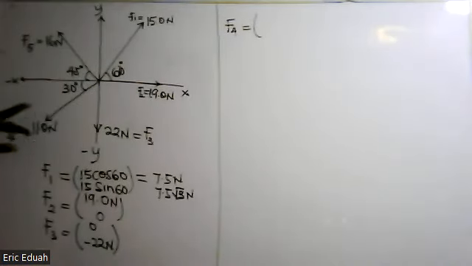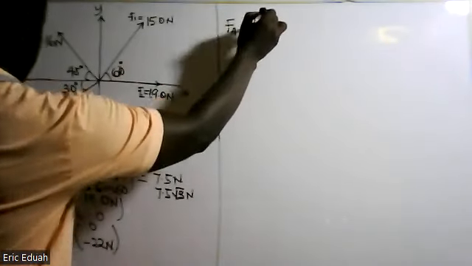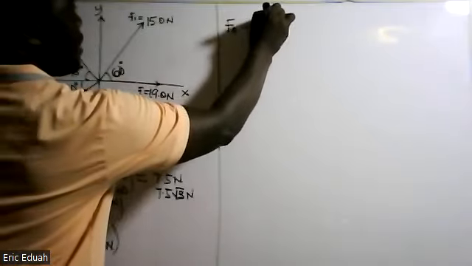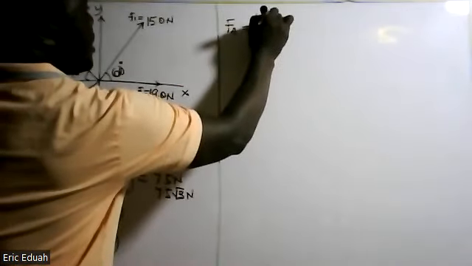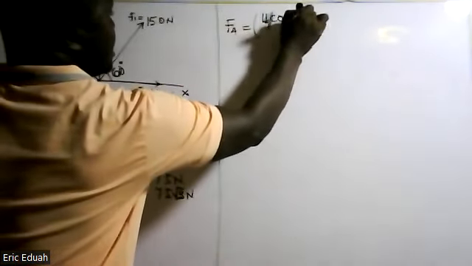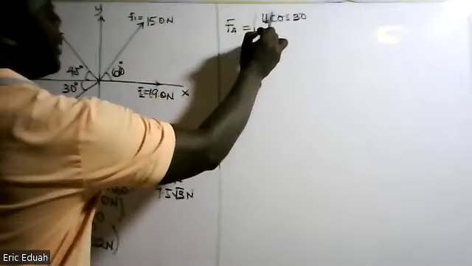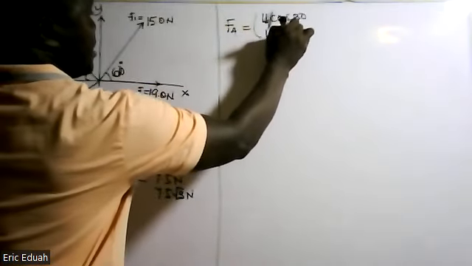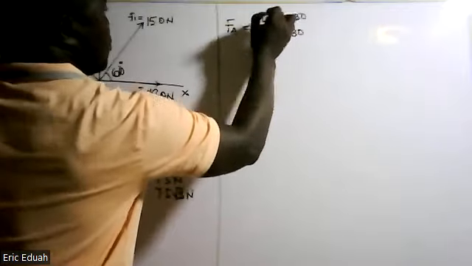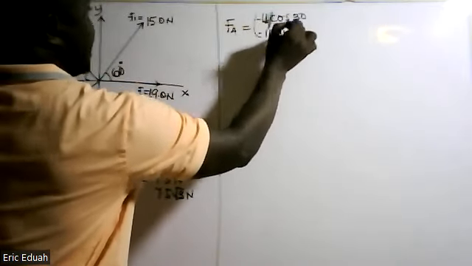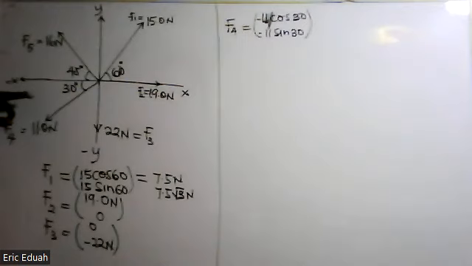F4 is 30 degrees to the x-axis. So 11 cos 30, 11 sine 30, which will be minus because it's within the third quadrant.